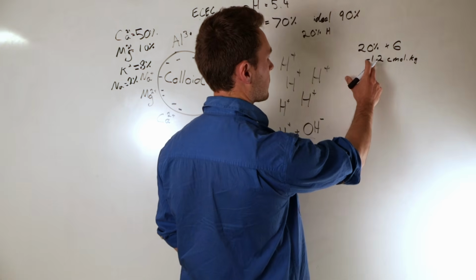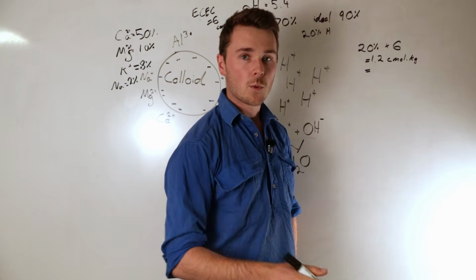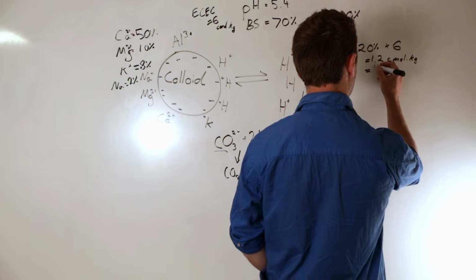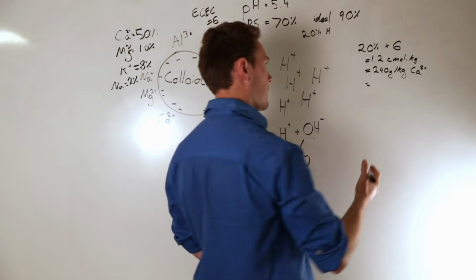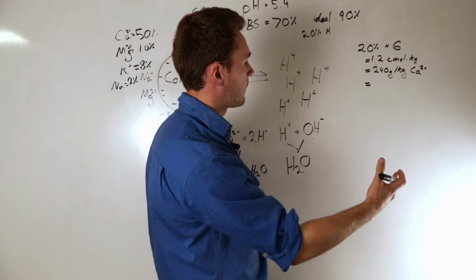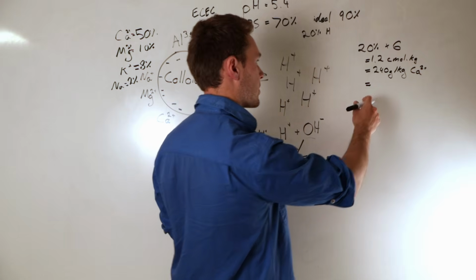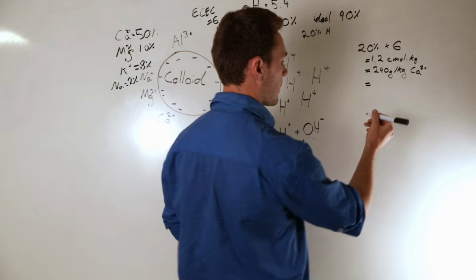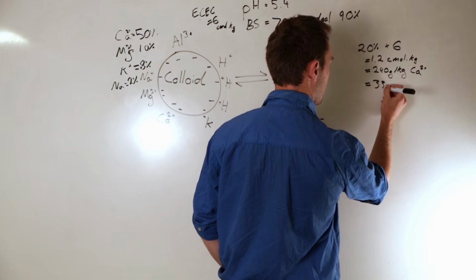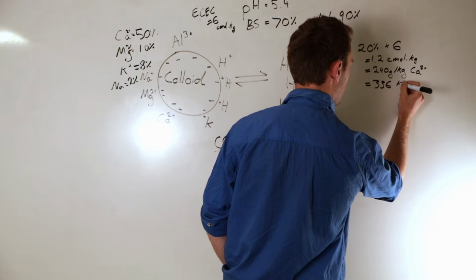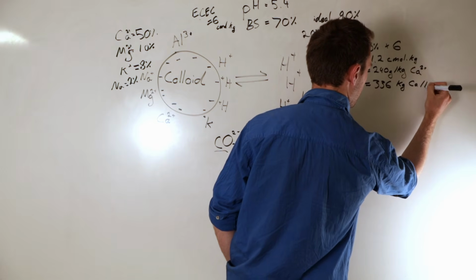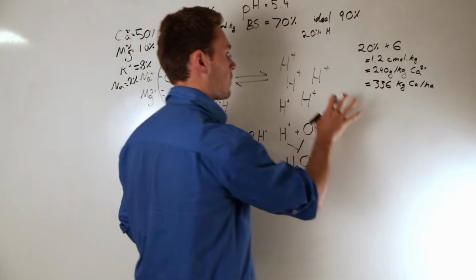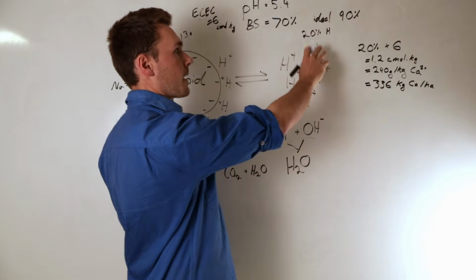And so we want to times this 1.2 by 200, and we get left with 240. Let's just say we want to fix this to 10 centimeters deep with a bulk density of 1.4. Then we're really just timesing this by 1.4, which then works out to be 336 kilos of calcium per hectare is what we need to supply in order to displace all this hydrogen.